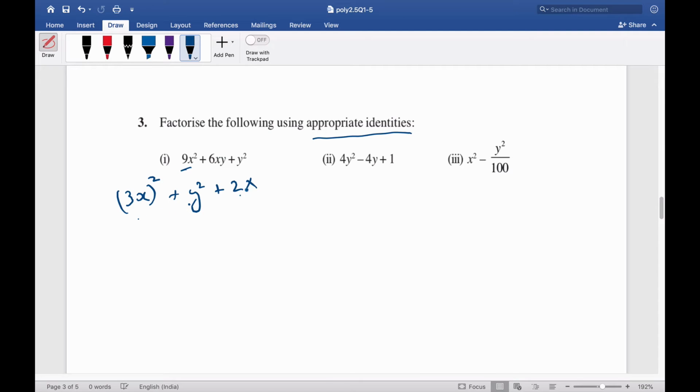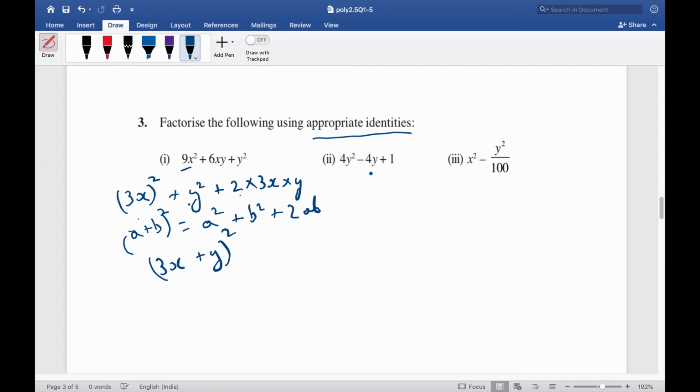So 2 into my a is 3x into y. So 2 into 3 is 6xy. So yes, it is the identity. So the identity says a plus b whole square should give me a square plus b square plus 2ab. So I have this side, it will be converted to this side. So I will simply get 3x plus y whole square.